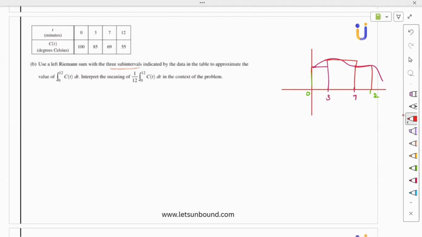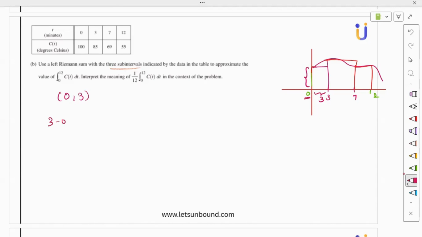Let's start solving this. First is 0 to 3. The width is 3. For the height, which side will you take? You take this side because it is a left Riemann sum, so it is C of 0.